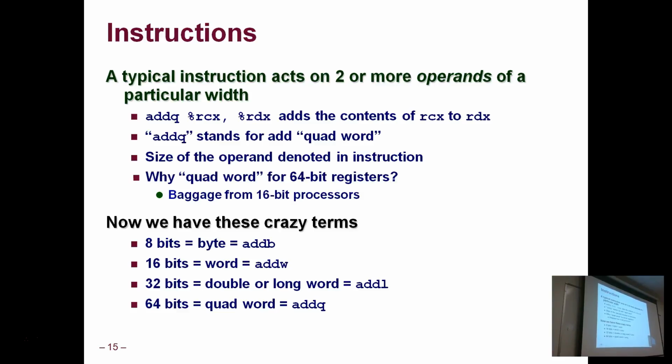Okay, so the next thing I want to talk about are instructions. A typical instruction in x86 acts on usually one or two operands, and they operate on a particular width. Here's an instruction: add quad RCX and RDX. This adds the contents of RCX into RDX.